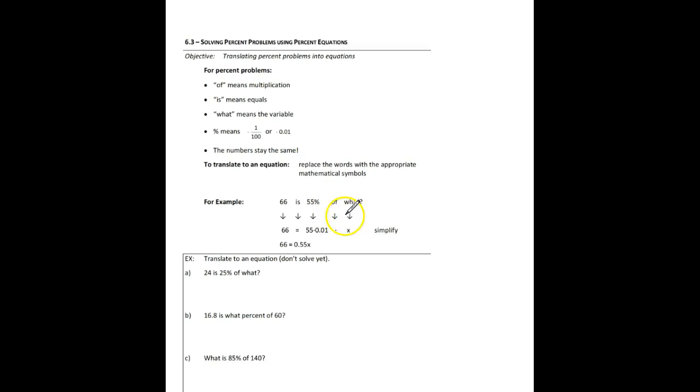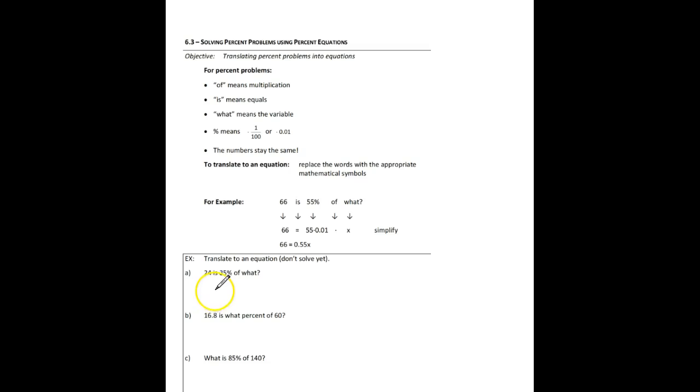Of means times, and what means our variable, or x. So when we translate that into an equation, we have 66 equals 0.55x.